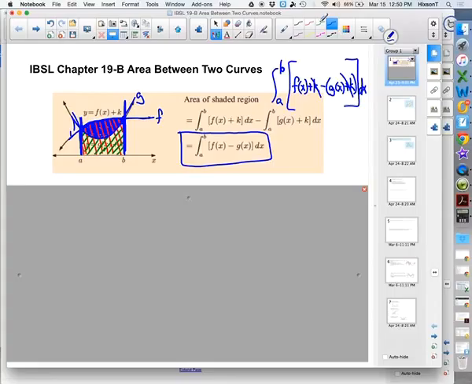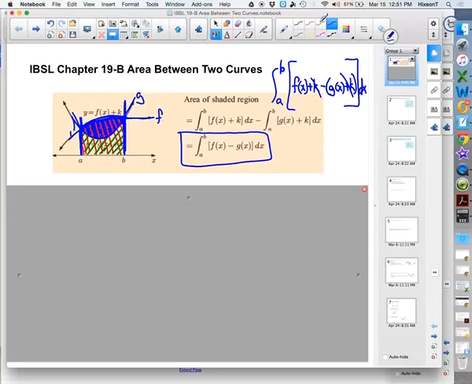The one that's above is the one that you're going to have, and the one that's below you're going to be subtracting. You want to subtract the area below the bottom one from the area under the top one. So you do concave down minus concave up.